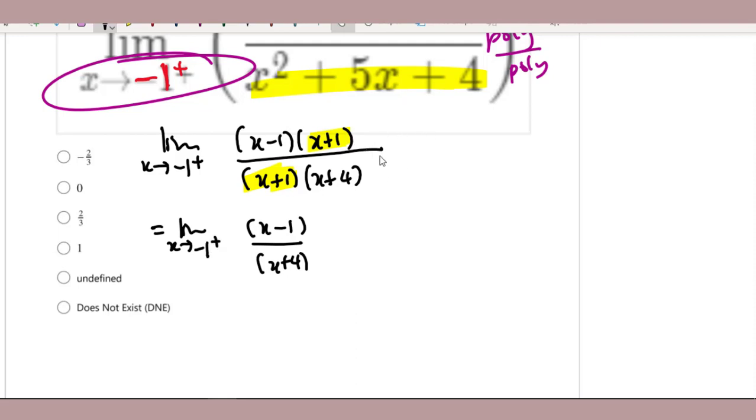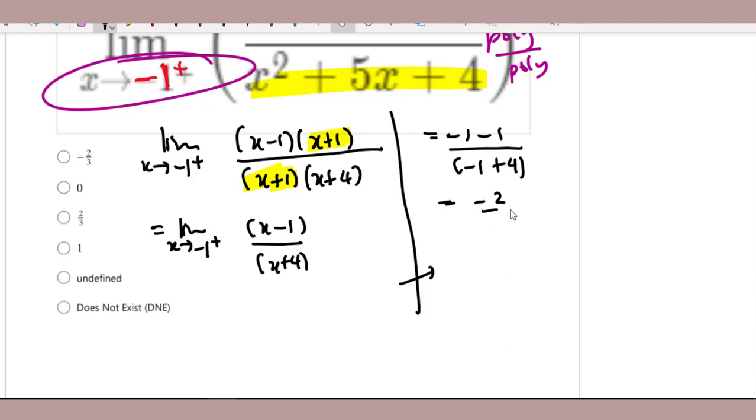Then substitute in the next step: negative 1 minus 1 over negative 1 plus 4, so negative 2 over 3. The answer is negative 2 over 3.